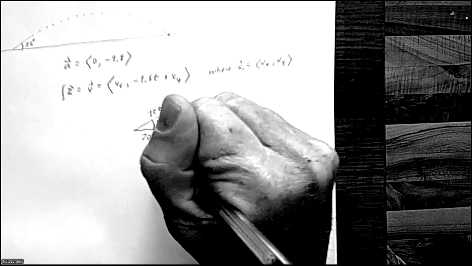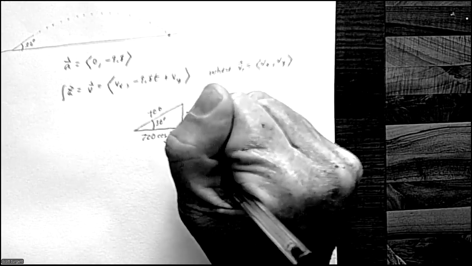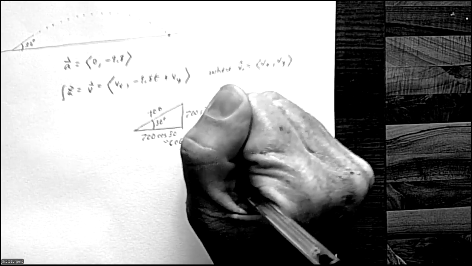For cosine 30, it's not so convenient, so give me a second to get my calculator. When you're doing these problems, make sure your calculator's in degree mode. So 700 cos 30 is 606.217. I'll just round to 606.22.